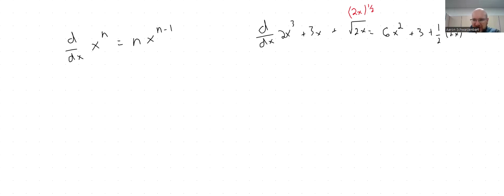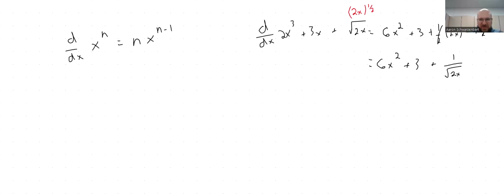The derivative of 2x is 2. So now we simplify a little bit. The 2 and the 1/2 cancel. The -1/2 moves it to the bottom, so it's 1/2 power in the denominator, which is a square root.